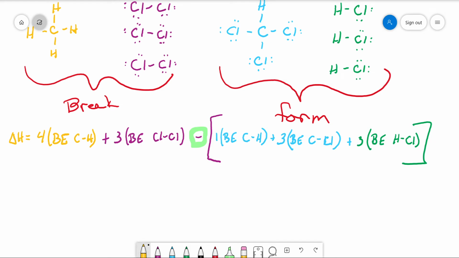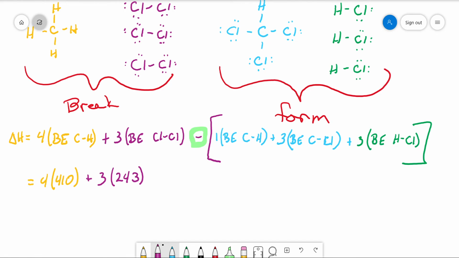So if we go ahead and substitute values in here, we have 4, and I'm going to be a little bit loose with the units, 410 kilojoules, because I'm going to put the units at the very end because it's all just kilojoules. Plus 3 times 243 kilojoules.